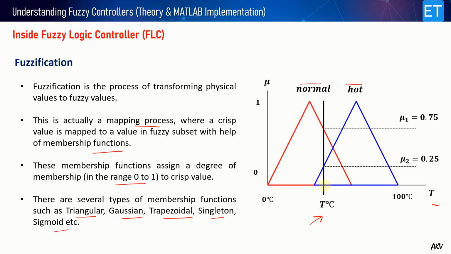You can see that this crisp value is cutting the normal fuzzy subset at this point, and it is cutting the hot at this point. So I will say that this crisp value is 75% belonging to the normal set and 25% to the hot fuzzy subset. This is how your crisp values can be fuzzified in fuzzy logic.